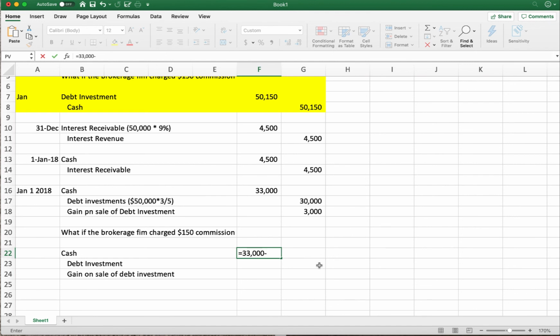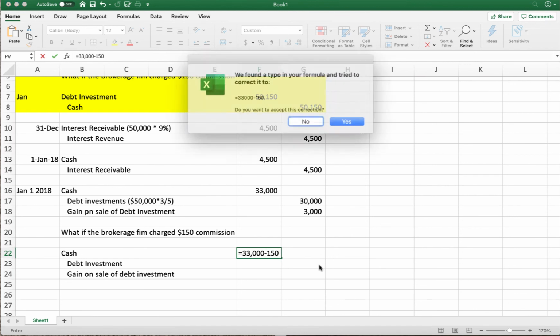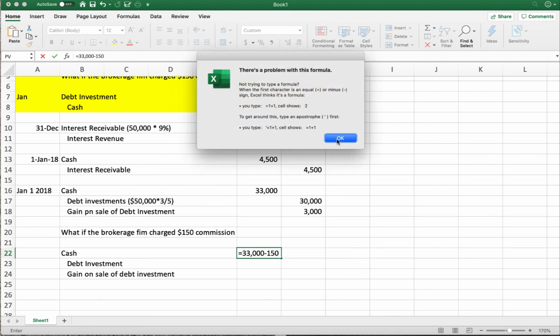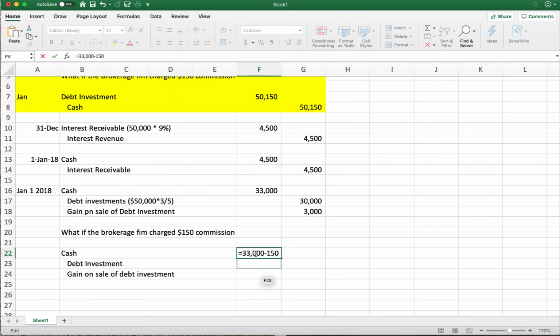We need to subtract $150. Our net proceeds now are $32,850.